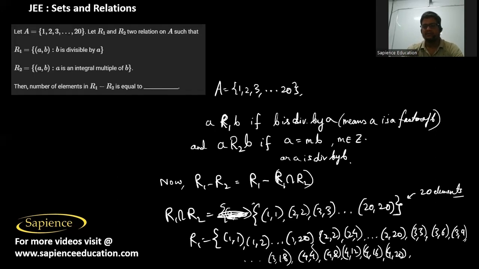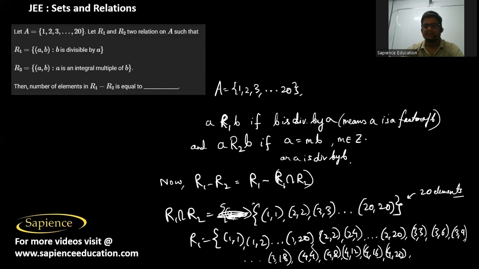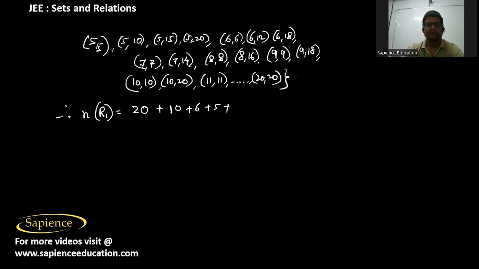Then there are 6 elements where 3 is the pre-image, and 4 is the pre-image in 5 elements. 5 is the pre-image in 4 elements, and 6 is the pre-image in 3 elements. 7 is the pre-image in 2 elements, 8 is the pre-image in 2 elements, 9 is the pre-image in 2 elements.